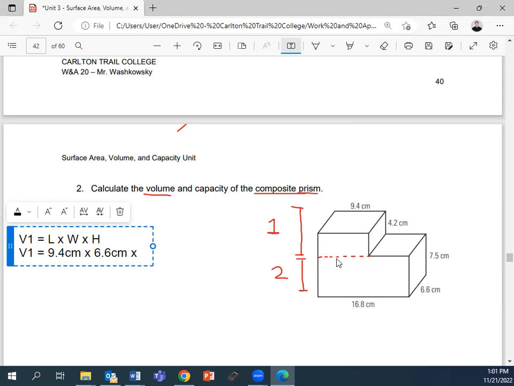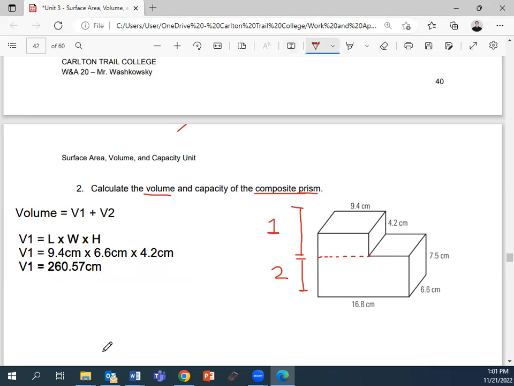And then my height of number 1 is going to be 4.2 centimeters. I meant the whole shape 1. So I have my length, my width, and my height, 9.4 times 6.6 times 4.2 gives me 260.57 centimeters cubed. Okay, I'm halfway done.